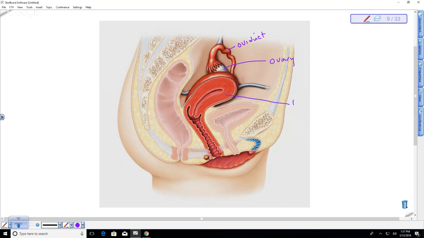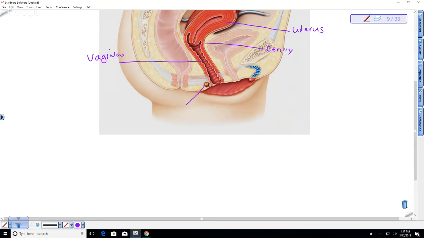This would be my uterus. Notice how muscular it is. That's all smooth muscle. This is the barrier, so this is my cervix. And then this would be the vagina. The other thing I'll just point out on here is the vestibular gland.